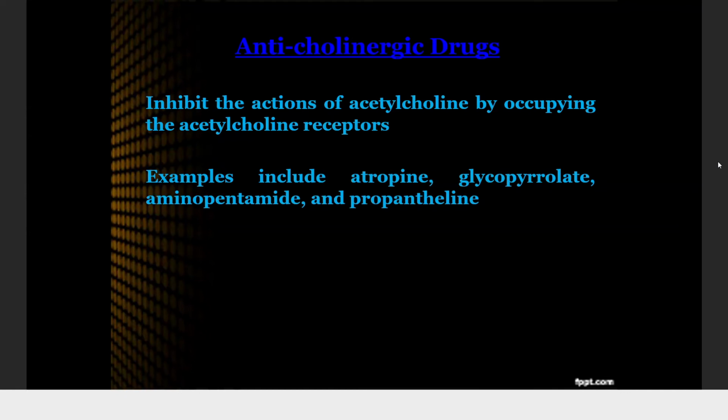First, atropine is used as a pre-anesthetic drug to prevent or reduce secretions of the respiratory tract.